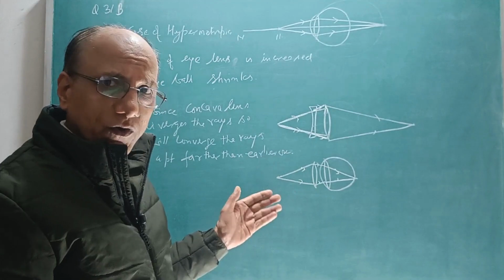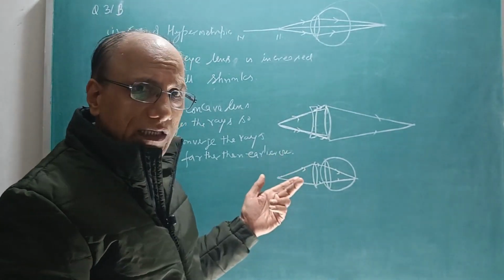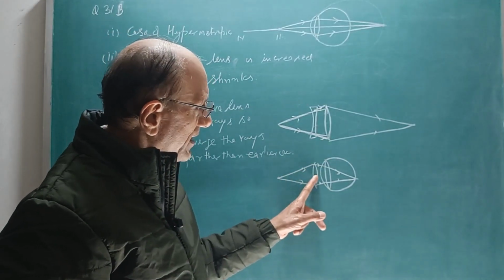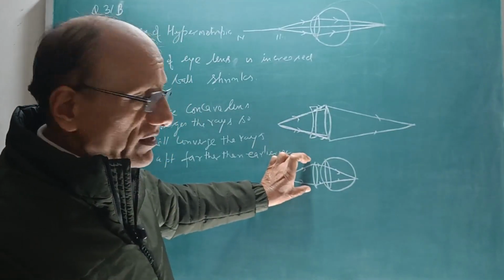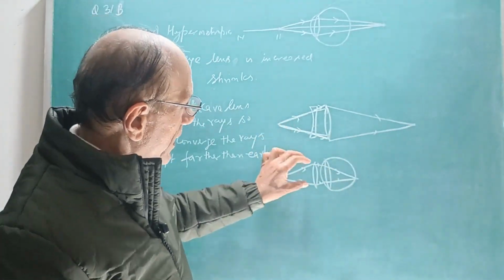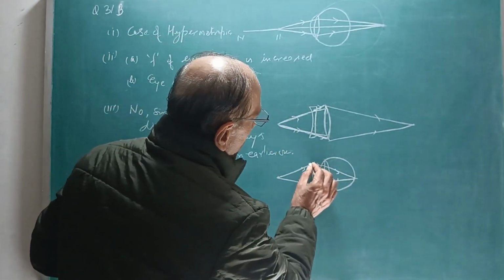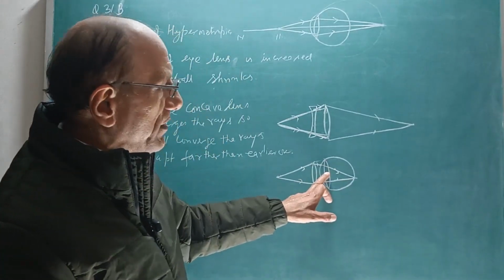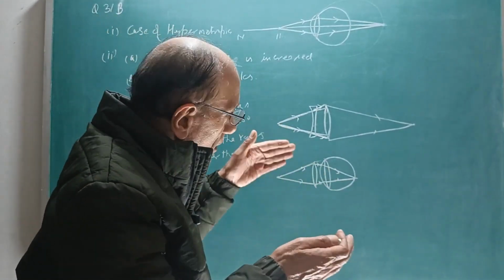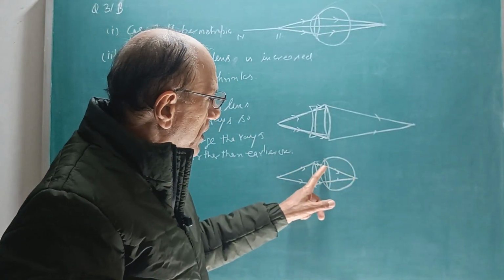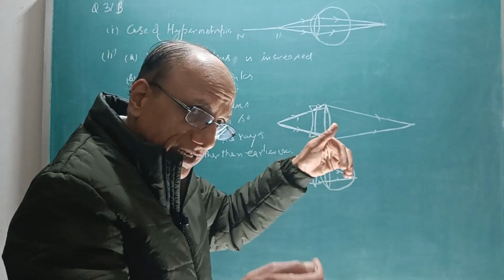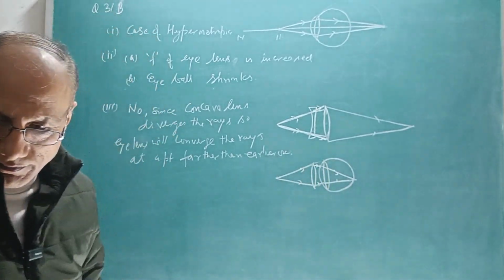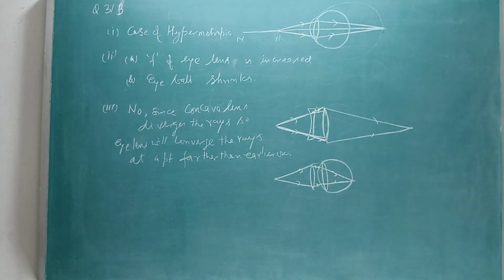And if you take the convex lens, it is for your knowledge, because in the exam the question may be different. The property of the convex lens is to converge the rays. That is why it will make them converge here instead of here. So the eye lens will be able to converge these rays at the near point, that is, at the retina. So this way it can be corrected.